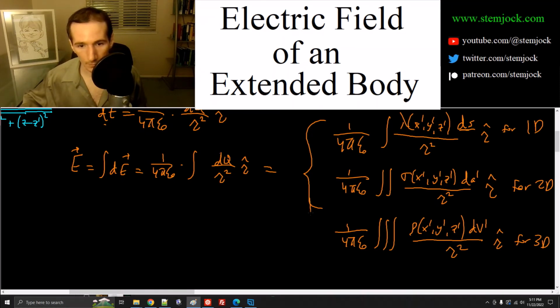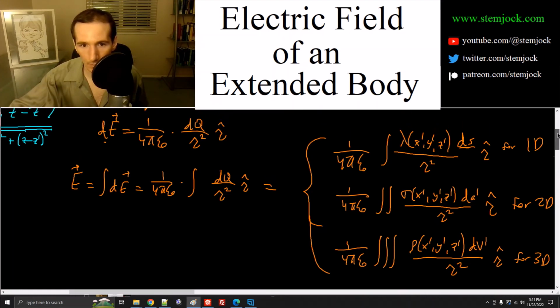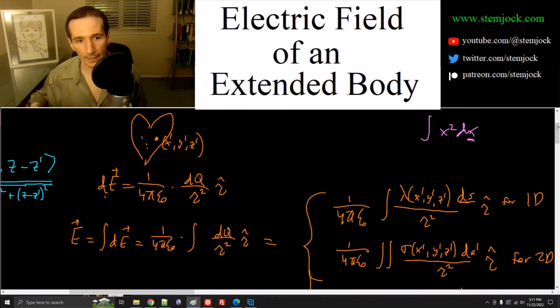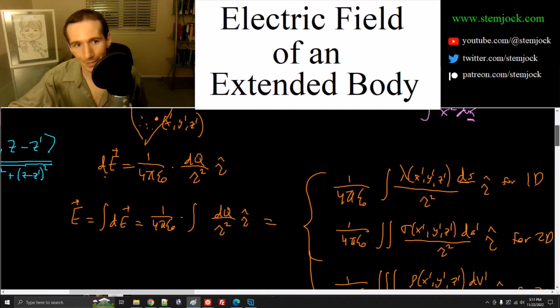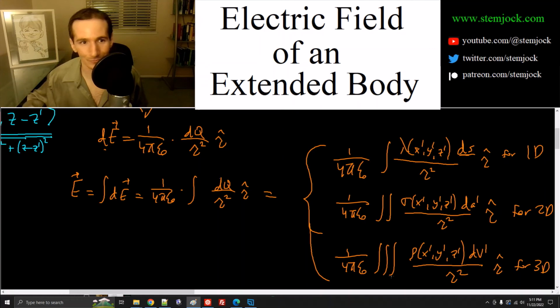So again, these formulas here add up the electric field from each of the individual particles that the extended body is made of. So in general, you won't have to do double and triple integrals. That's just for a general body.